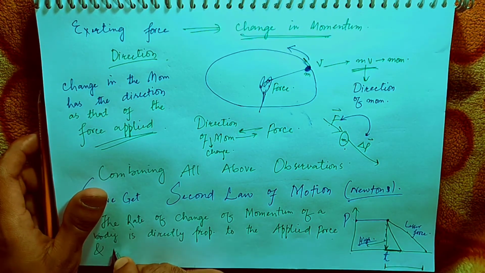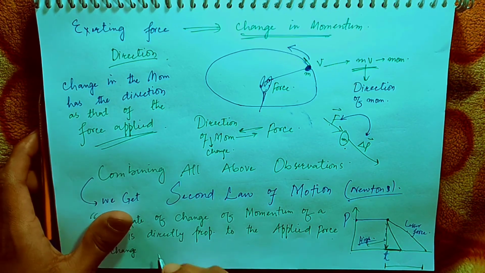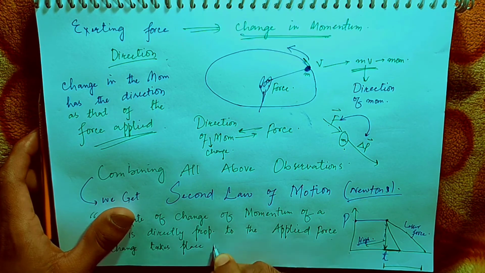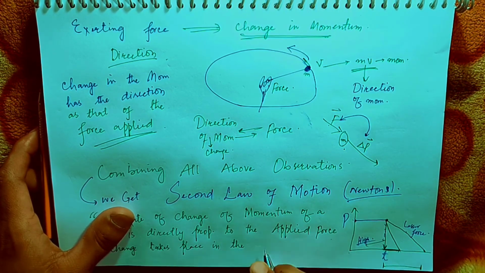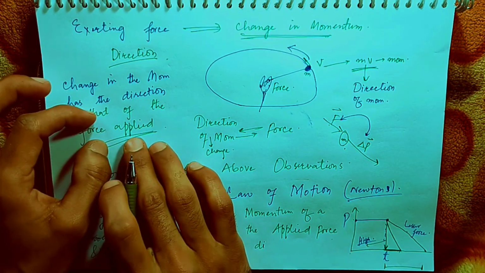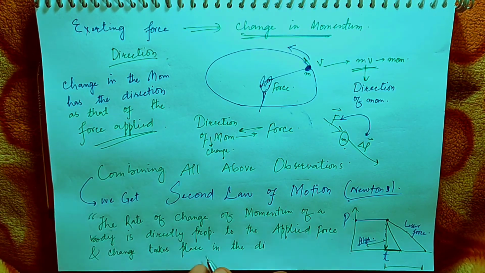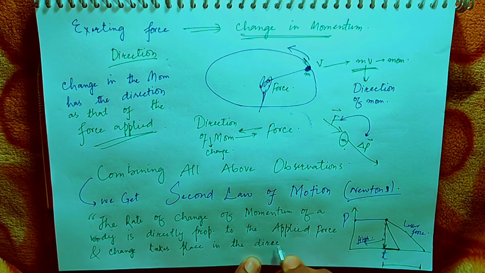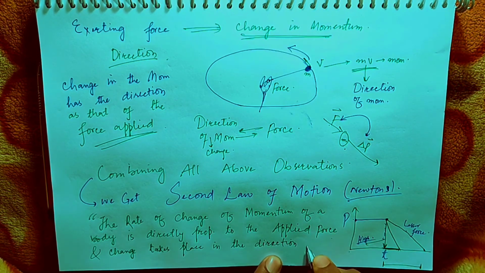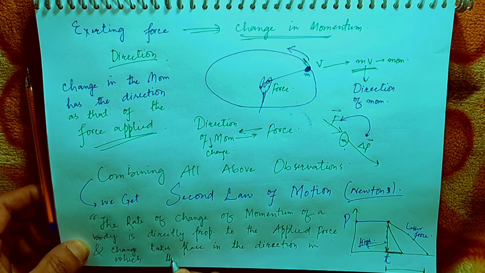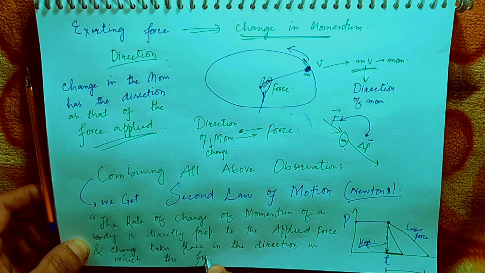And the second thing is that the change, that is the change in the momentum, takes place in the direction, in what direction? I have told you, the change in the momentum takes place in the direction of the force applied. So the change takes place in the direction in which the force acts.